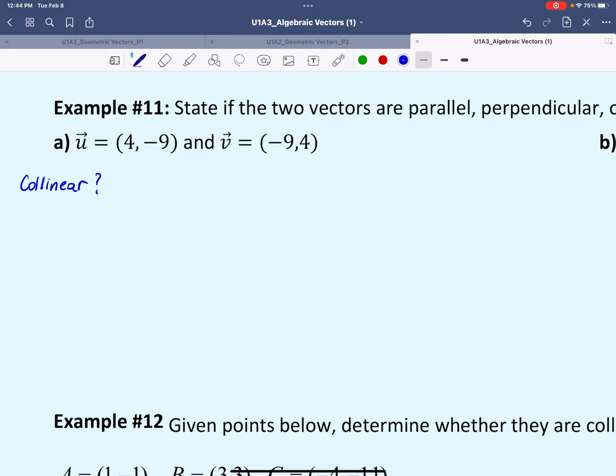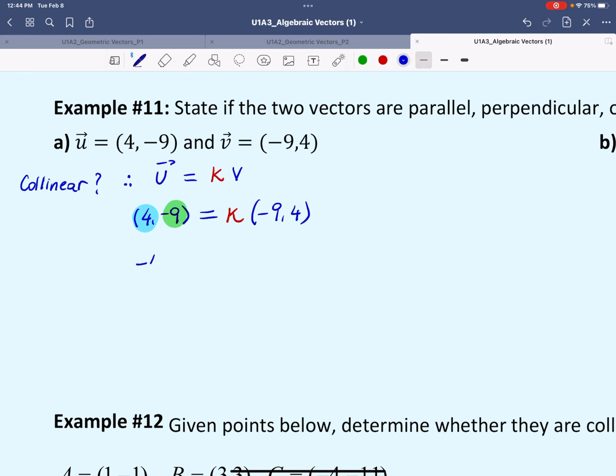All right. Therefore, we must be able to express vector u as the multiple of vector v, which means 4, negative 9 must equal some multiplier k times negative 9, 4. So now we have to use the coordinates x and y in order to see if we get the same multiplier k.